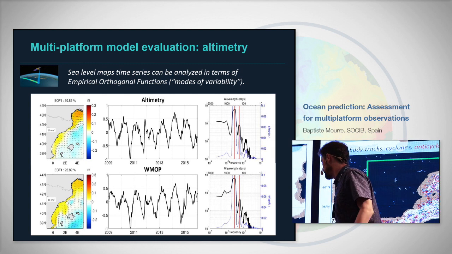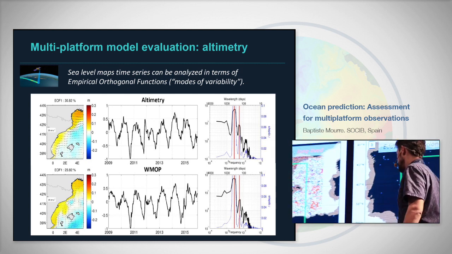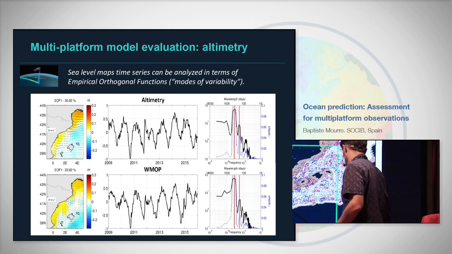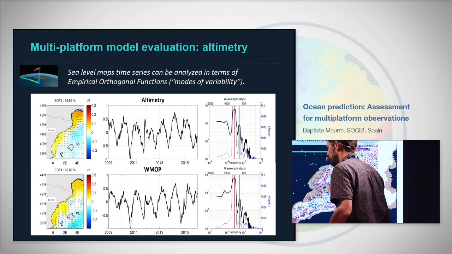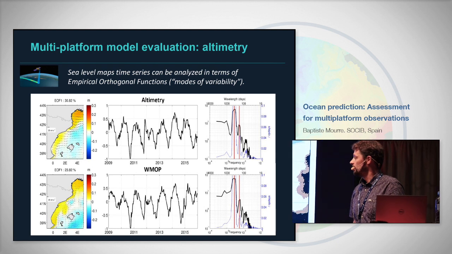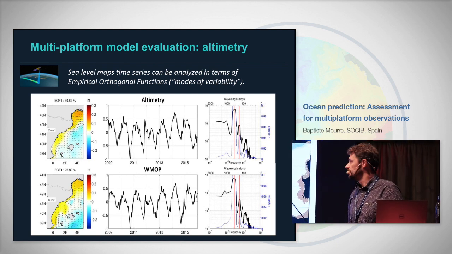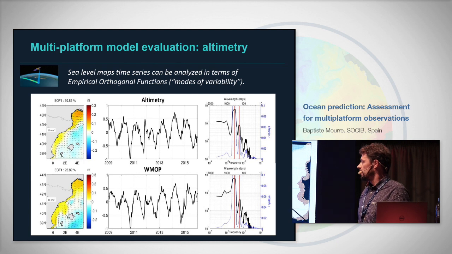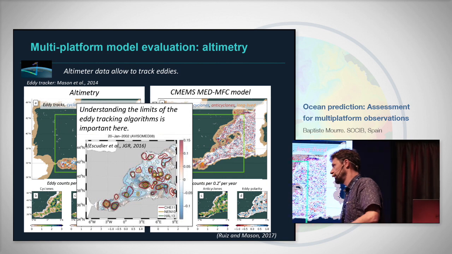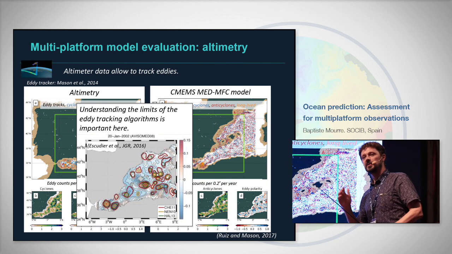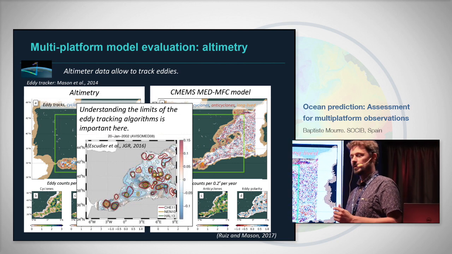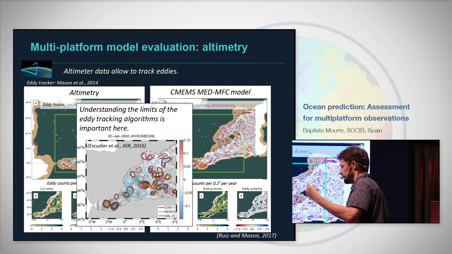If you compare, for instance, the map of the number of cyclones per year, this one and the other one, you see that you have overestimation in the model here, maybe due to resolution. And also, when you use these sophisticated analyses of the altimetry, you really need to understand the limits of your tracking algorithm, because part of the differences might be due to the fact that you have applied an algorithm that does not really represent the real eddies.